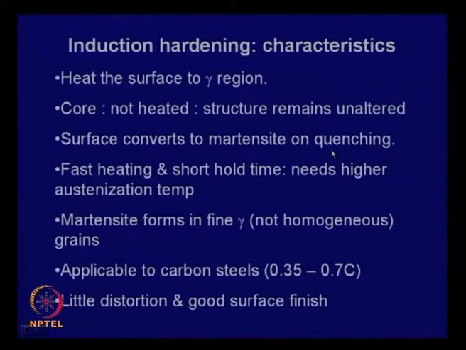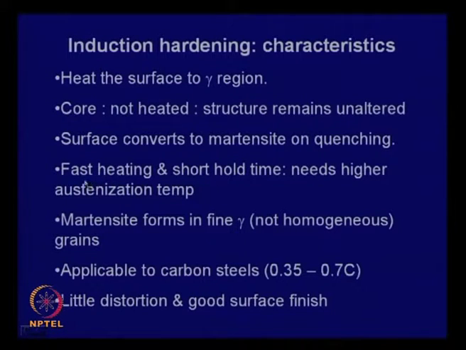Since the surface has converted into austenite, if you quench the surface, and many times the quenching facilities are also built in along with the coil, after it has been heated you can quench by spraying water or any other quenchant, and therefore you can get martensite on the surface.